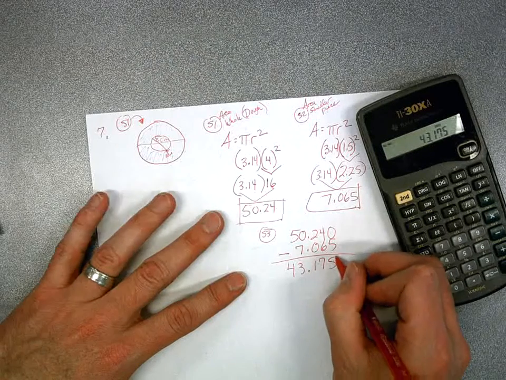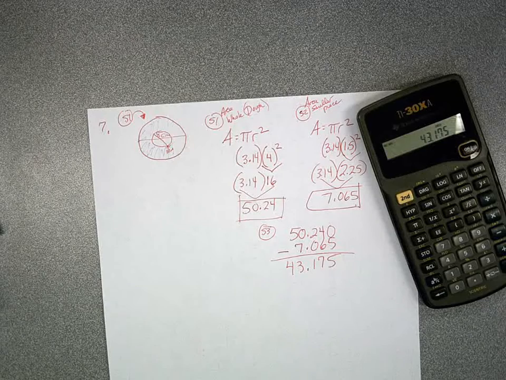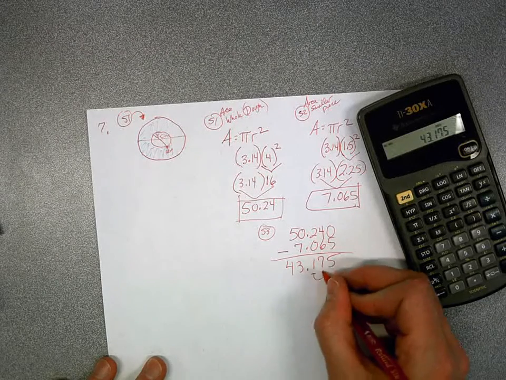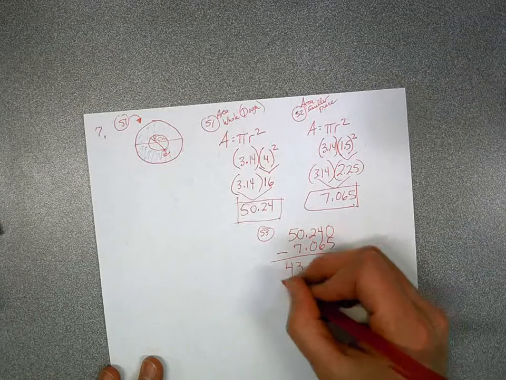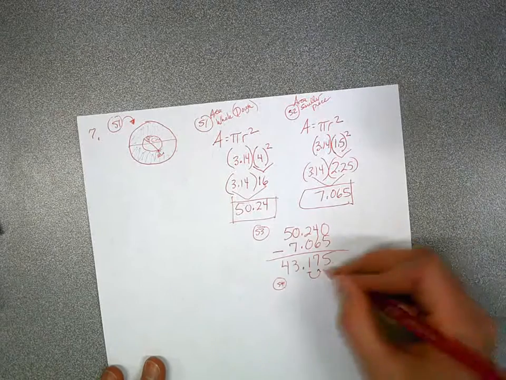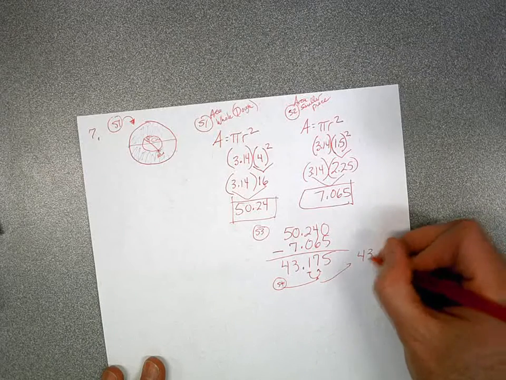And now it does say round to the nearest tenth. So I look at the 7 here. 7 makes the 1 go up. And this, of course, is what we've been calling step star, right? It's a little reminder. And we get 43.2.